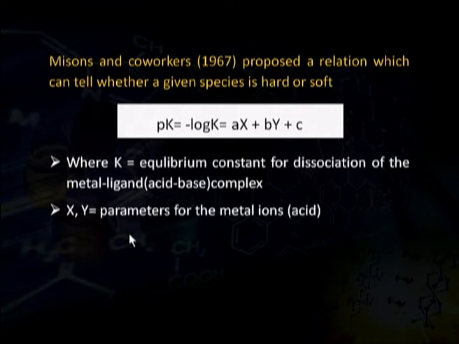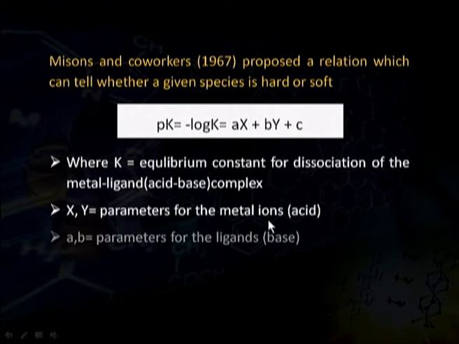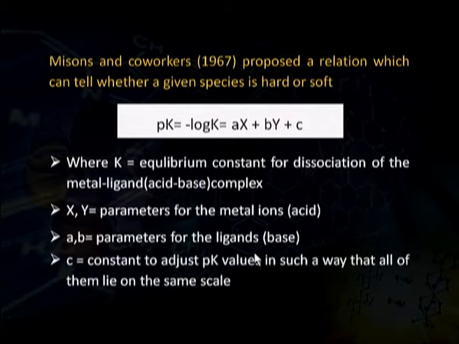X and Y are the parameters for the metal ions, that is the acid. A and B are the parameters for the ligands, that is the base. And C is a constant which is used to adjust the pK values in such a way that all of them lie on the same scale.